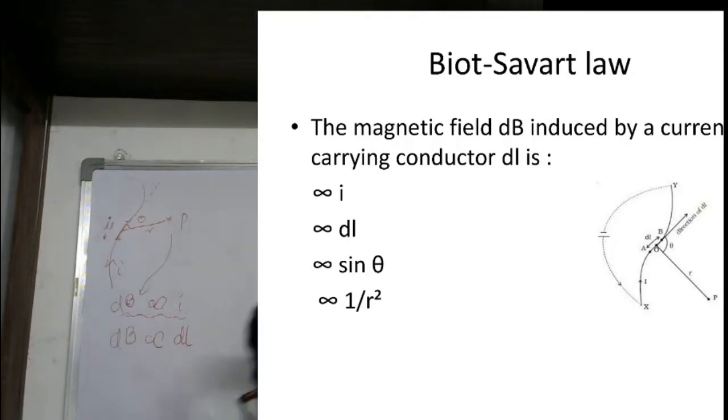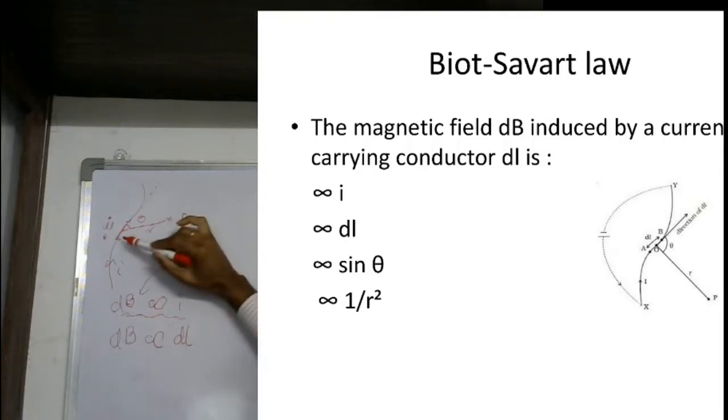Okay, next, this dB, the infinitesimal induced magnetic field, is also influenced by the length of the infinitesimal element. If you increase the length of the infinitesimal element, then what happens?